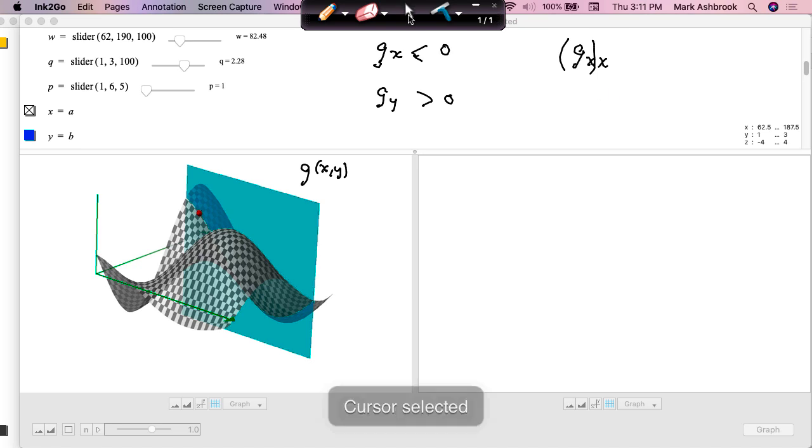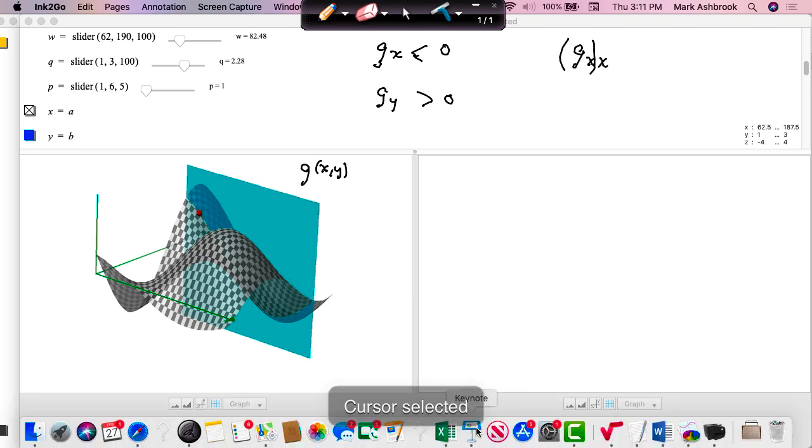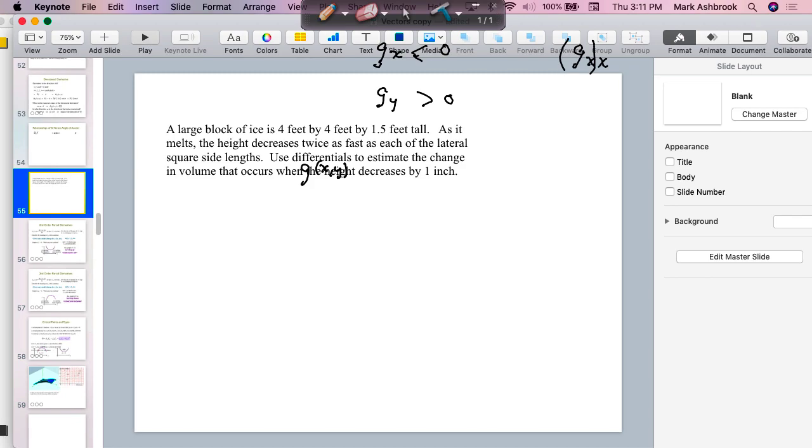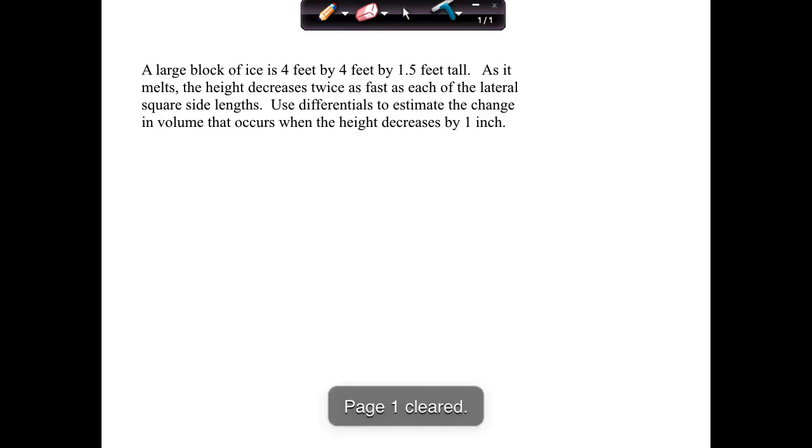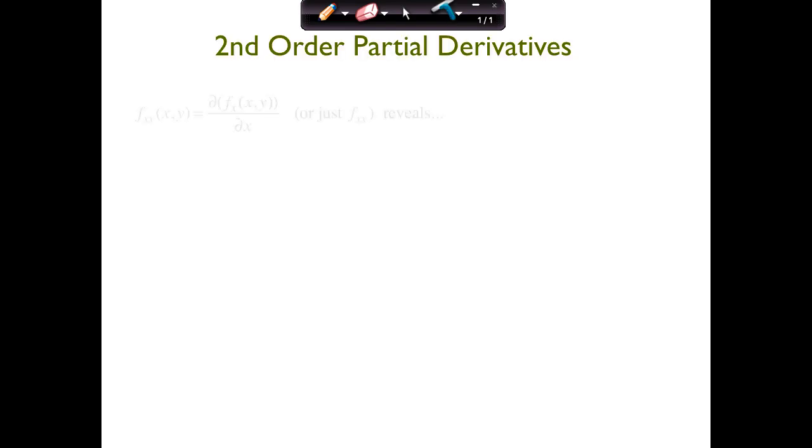So let's flesh that out. Okay, so here's the notation for that: fxx, or the partial of fx with respect to x.